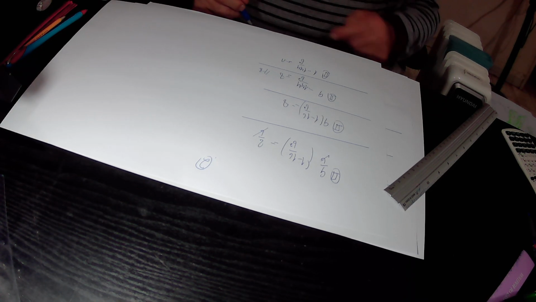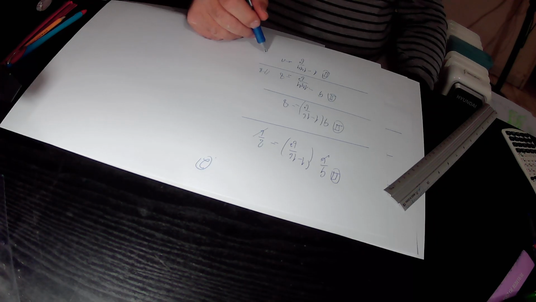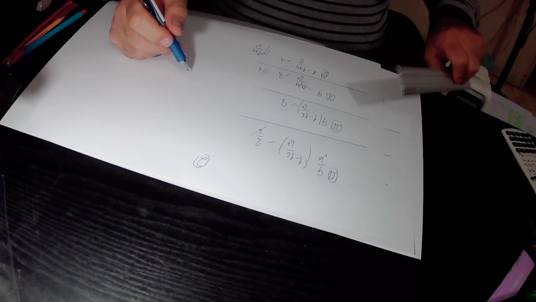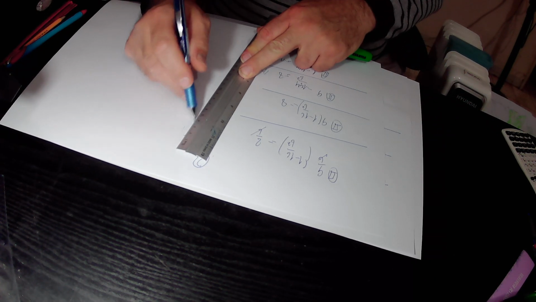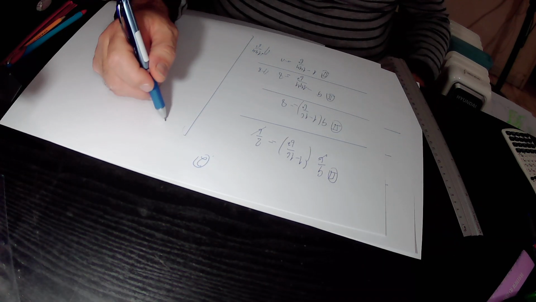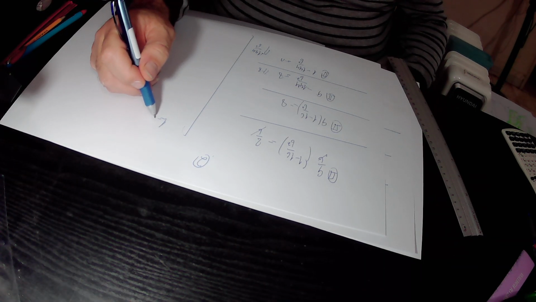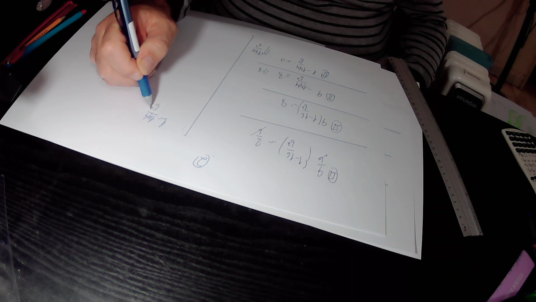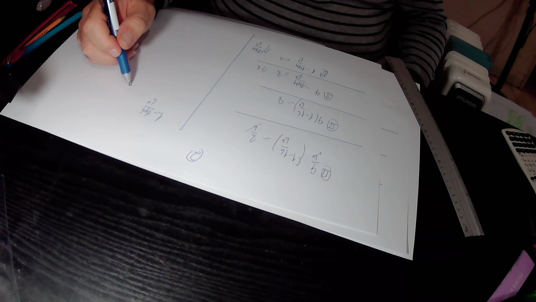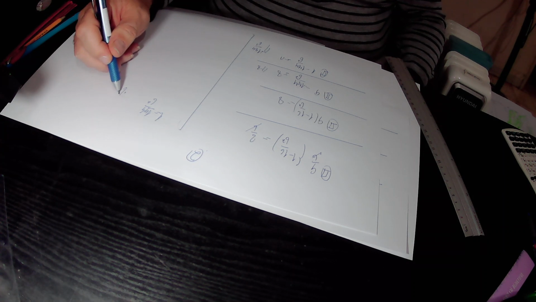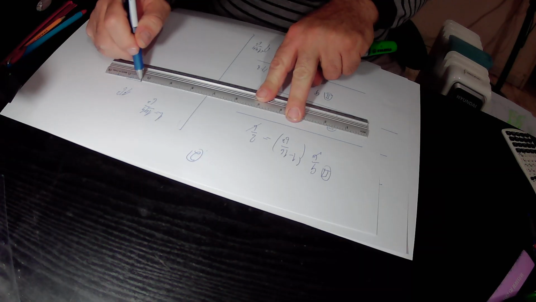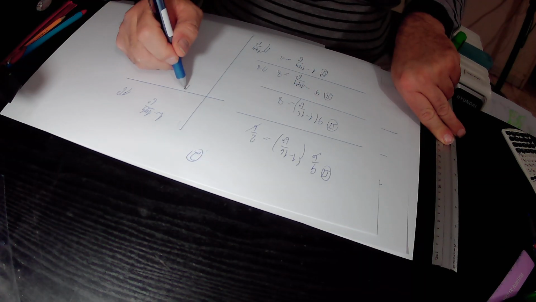So here we add 144 over b squared to the equation, and we get that 1 equals 144 over b squared. Here we multiply this equation by b squared, and we get that b squared equals 144.